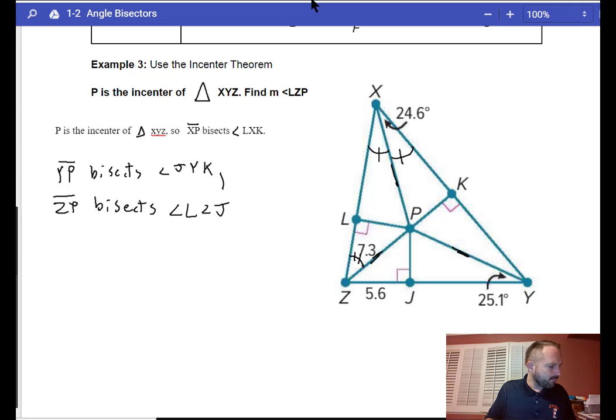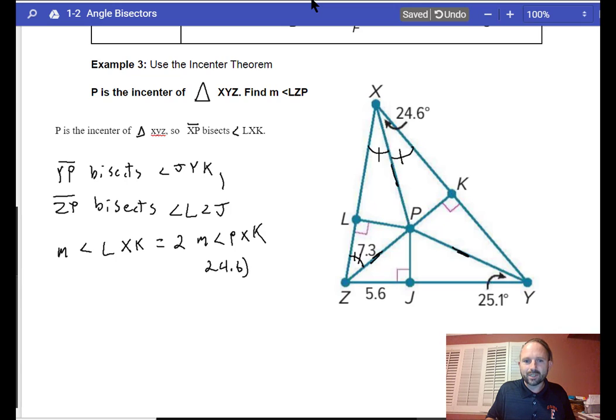Because of this, we know that the measure of angle LXK will equal 2 times the measurement of angle PXK. So if that's the case, we can do a substitution, and we have 24.6 times 2 will equal the measurement of angle LXK. The measurement of angle LXK is going to be 49.2.